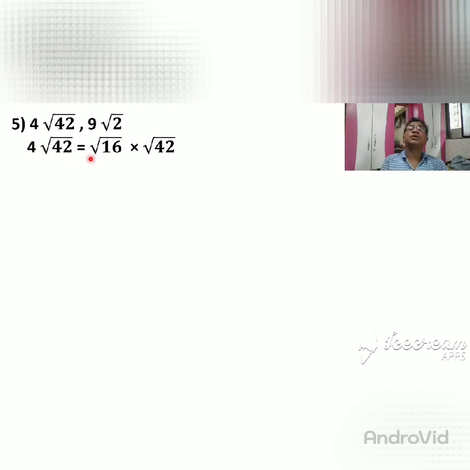Here we write the square root of 16. Do you understand how we get the square root of 16? The order is 2, so 4 square, and 4 square is 16. So root 16 into root 42. 16 into 42: 16 2s are 32, 16 4s are 64.